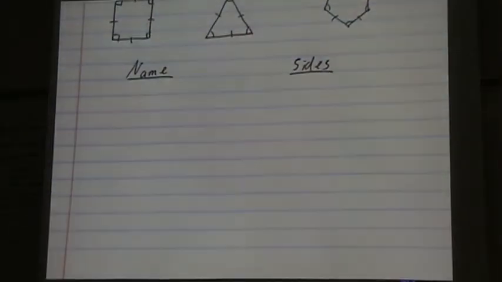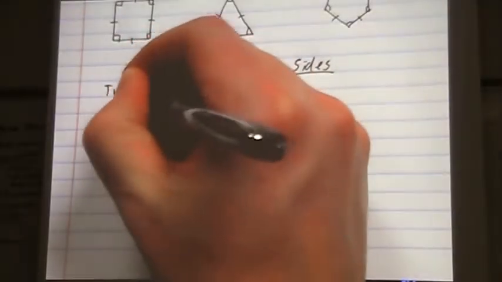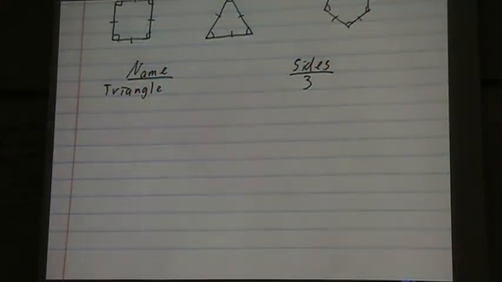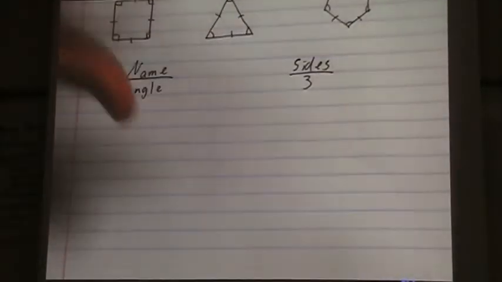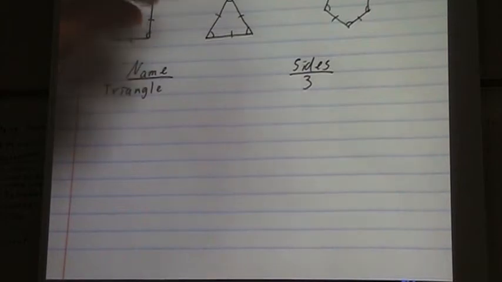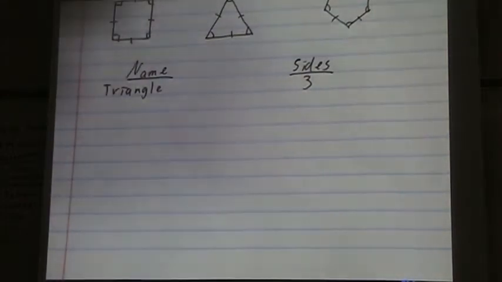And of course, we're going to start with triangle. That's got three sides. You can't have a two-sided polygon, otherwise it's not going to be connected. You go like that with two fingers, but now you have a curve. So you can't make a polygon with 2 sides. It's got to be at least 3 sides.